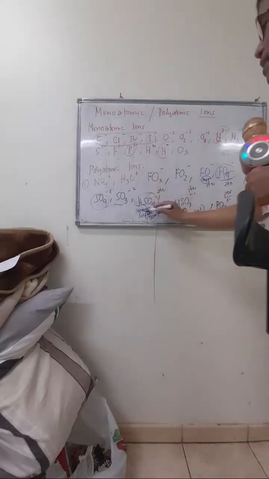Now, phosphate. So phosphate is PO4 -3. Okay, the version of this, hydrogen phosphate. What is the charge for this? -3 plus 1, -2. So the hydrogen phosphate is not biphosphate. Why? Because the charge is -2, even though the hydrogen subscript is only 1.